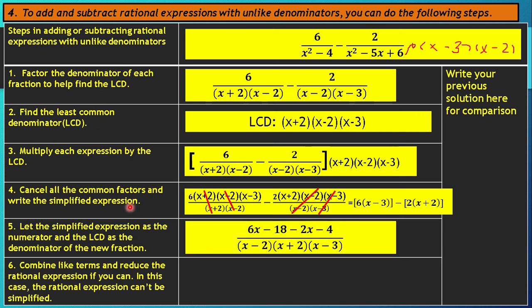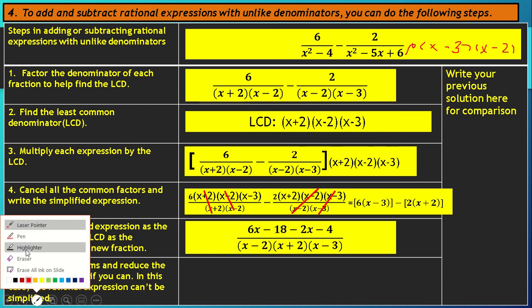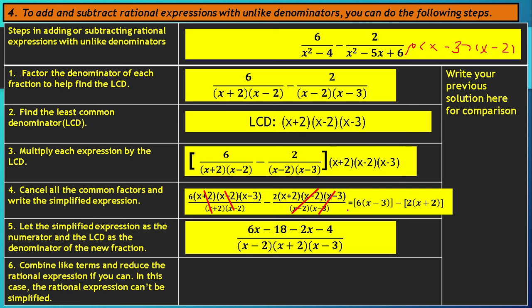Okay? So sabi dito sa step number 5, let the simplified expression as the numerator and the LCD as the denominator of the new fraction. Discuss muna natin kung bakit naging 6x minus 18 minus 2x minus 4 ito. I need my pen. Okay?